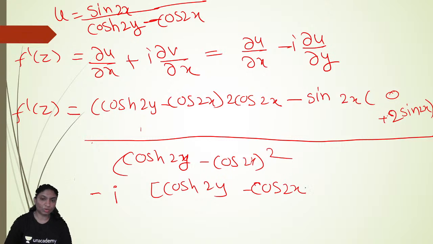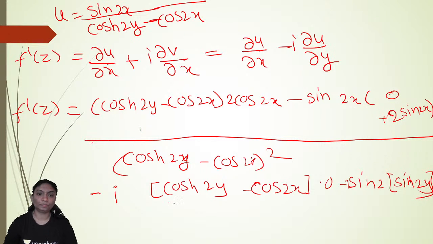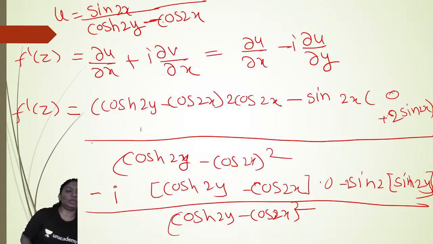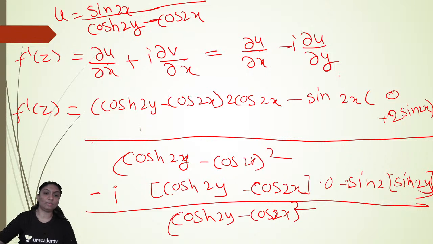So i into cos h2y minus cos 2x into 0 will come, right, minus sin 2x into bracket sin h2y, 2 into sin h2y, derivative of this, upon cos h2y minus cos 2x bracket square. See here, what is the derivative, v du minus u dv upon v square, minus i into u dv minus v du upon v square.